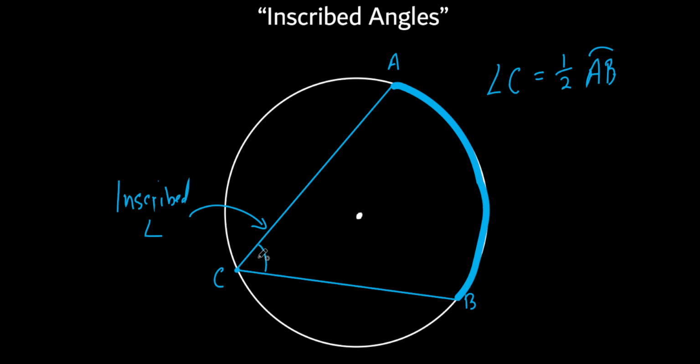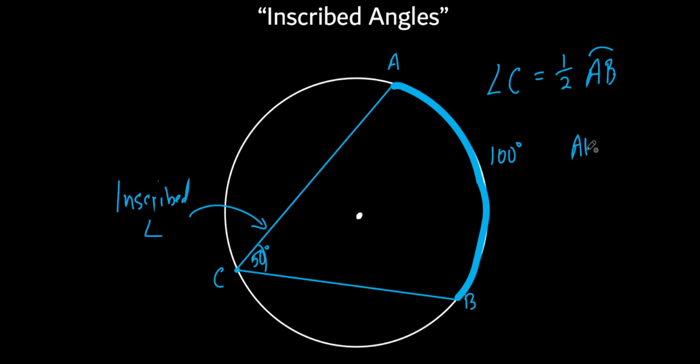So let's say this was, I don't know, what do you think it is? 50? Looks pretty close to 50. Let's use that. Okay, if that's 50 degrees, then what is arc AB? It would be 100 degrees. Okay, because remember, the angle is half of the arc. The arc is bigger than the angle. It's twice as big, isn't it? I could have written it this way.